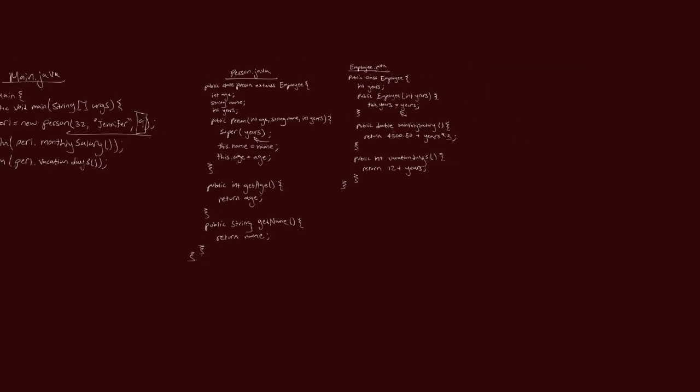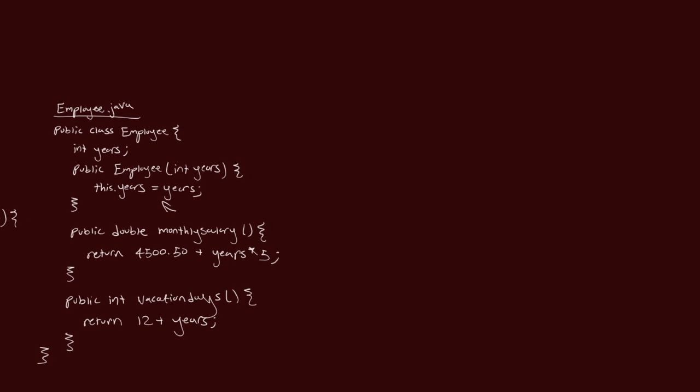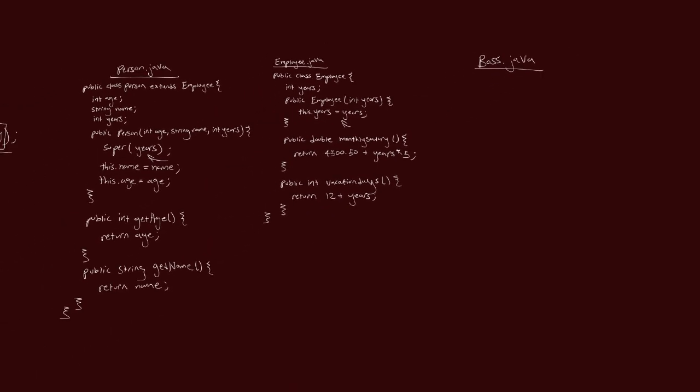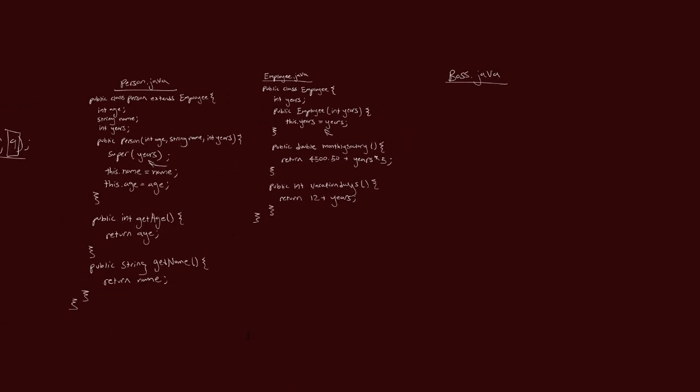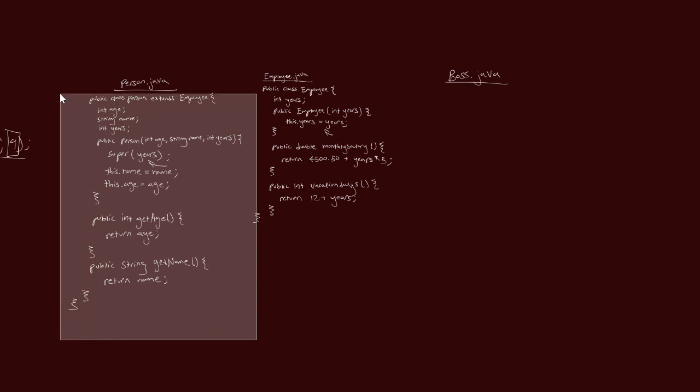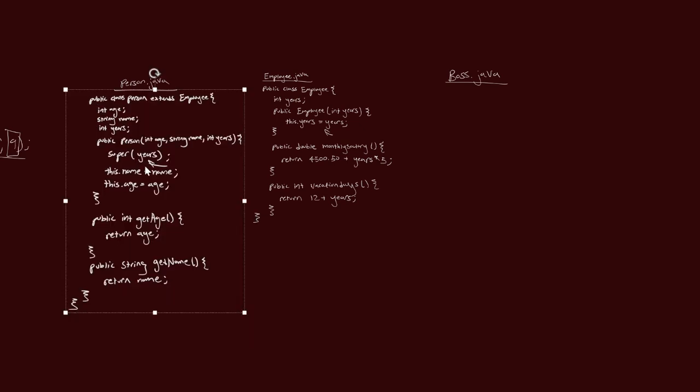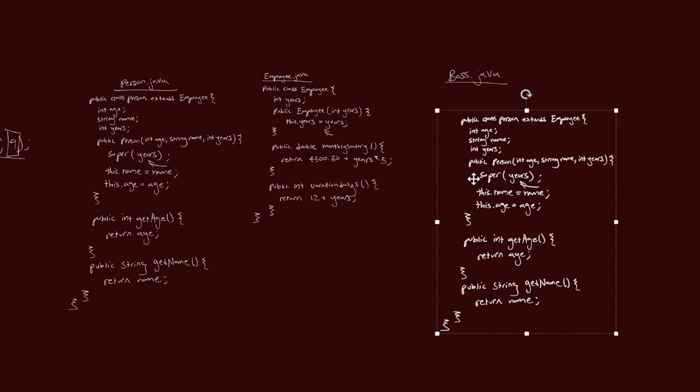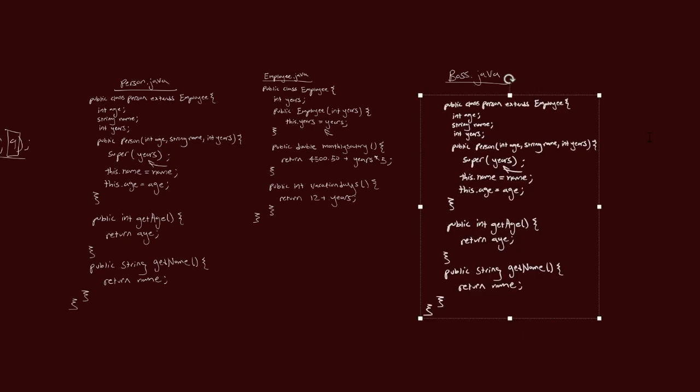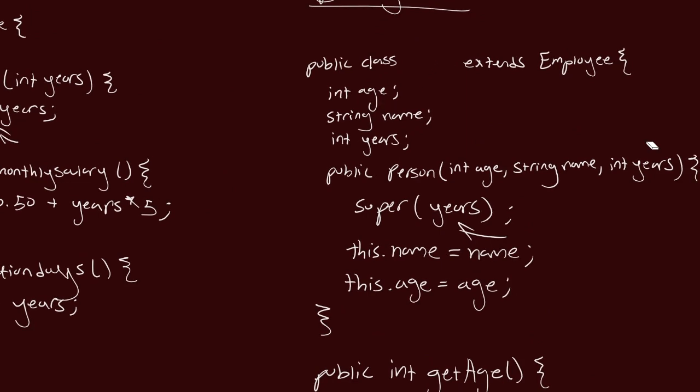So we're going to call it the boss class. It's going to contain pretty much everything that the person's class has, just a few extra tweaks. So I'm just going to copy all of this. So it's public class boss extends person.